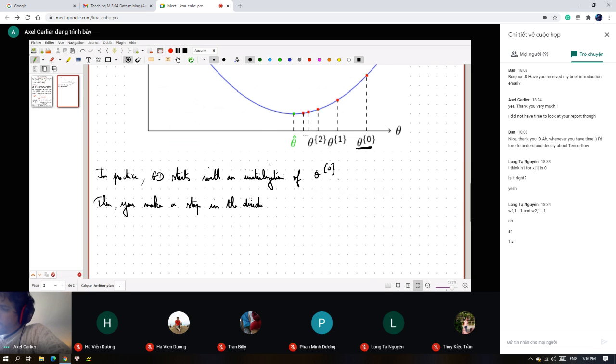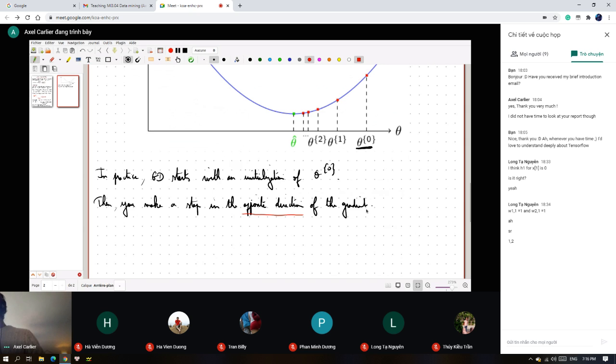Direction of the gradient. Okay. In fact, it's the opposite direction of the gradient. So what does it mean?